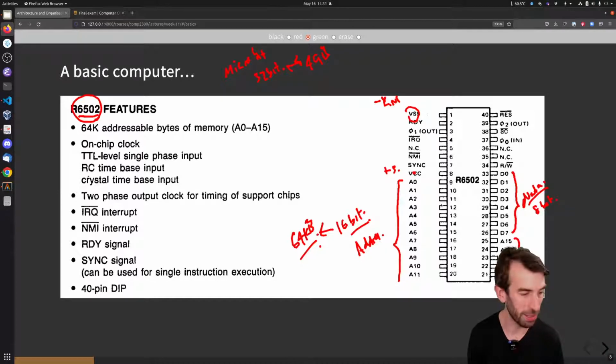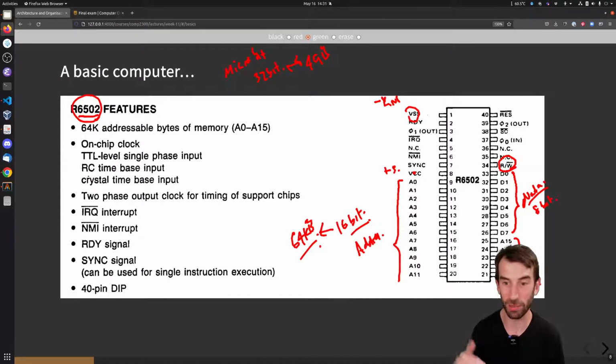What else have we got here? Because these are all of the ins and outs on the system. We've got this pin here, read write. That's going to say whether the data here is supposed to be writing to memory or reading from memory. So it can instruct the memory chips to either give it data according to the address bus or to take the data on the data bus and put it in the address which is on the address bus.